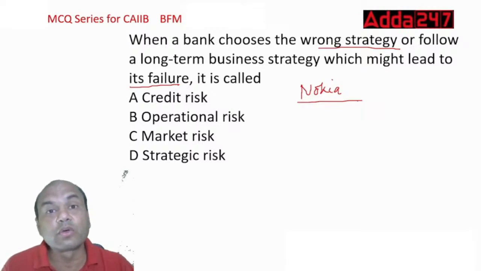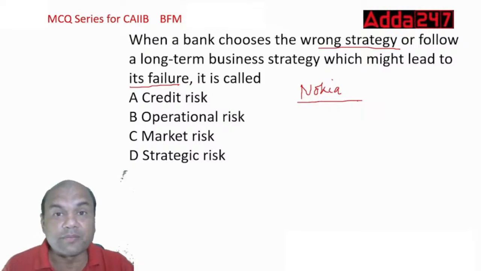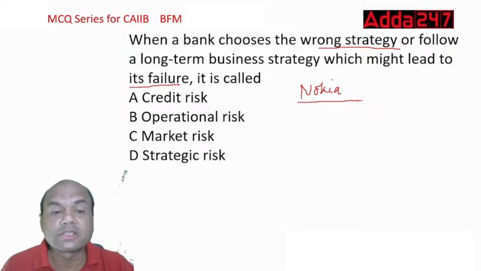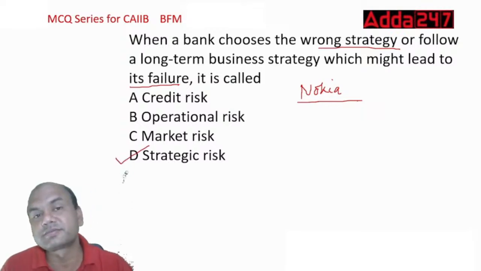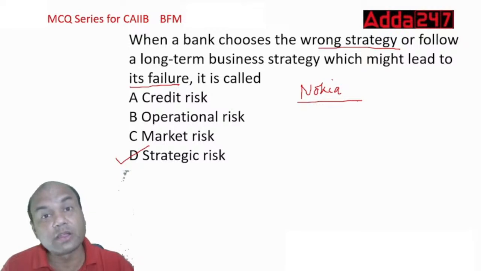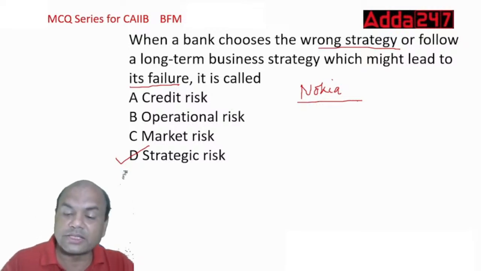Similarly, it was thought that Nokia will never die. But what happened to Nokia? Gone. Nokia is gone. Why? Wrong strategy. Strategic risk. Same thing happens with the bank. When the bank chooses the wrong strategy, it will go down, collapse, okay, in the long run. So that's why this is known as strategic risk.